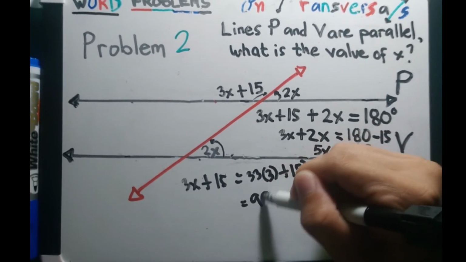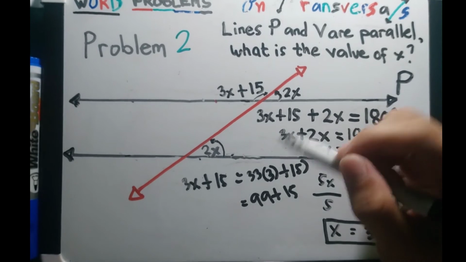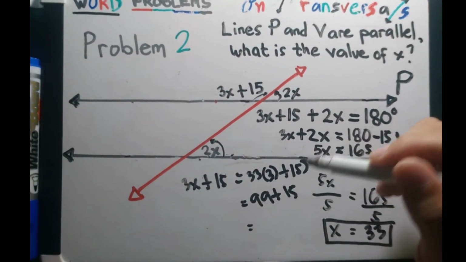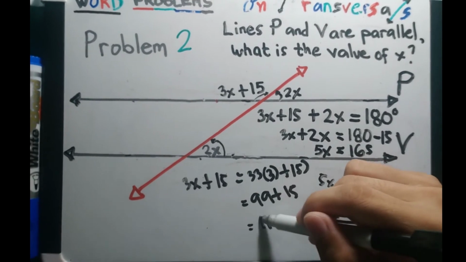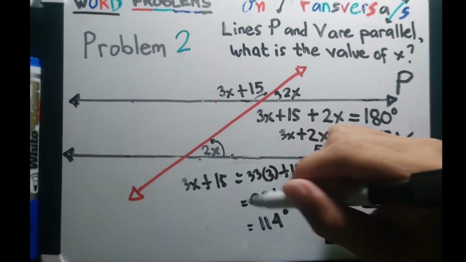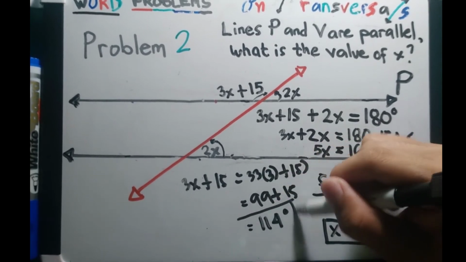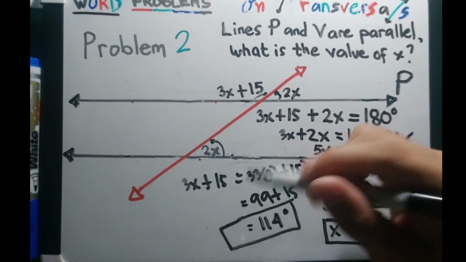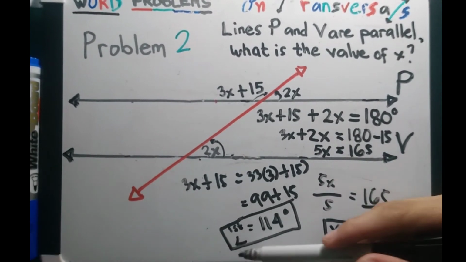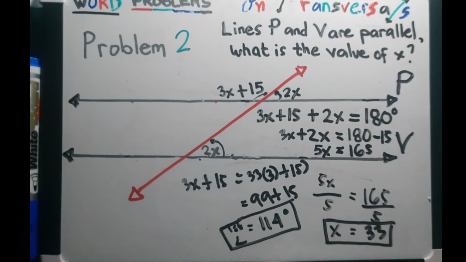It would be 99 plus 15. And the measure of the angle would be 114 degrees. So the measure of our first angle is equal to 114 degrees.